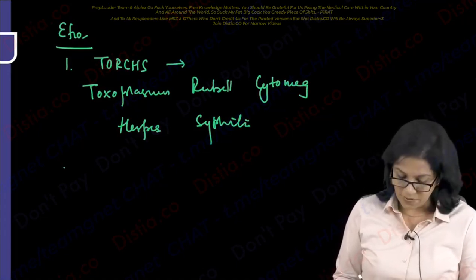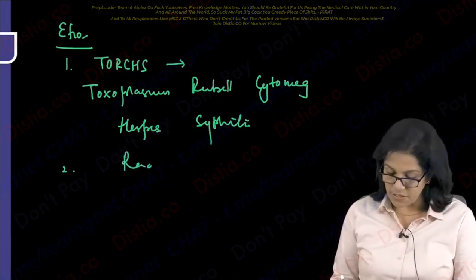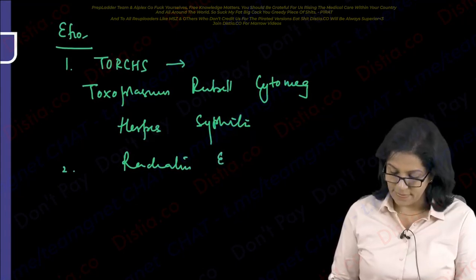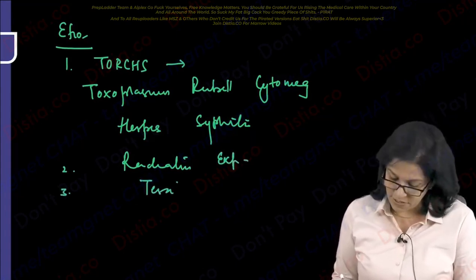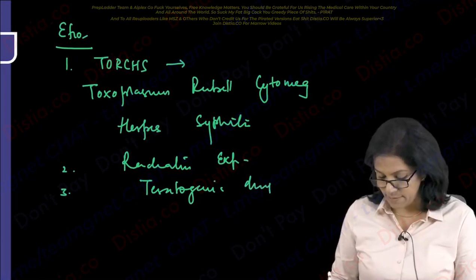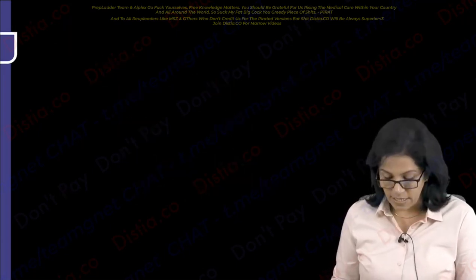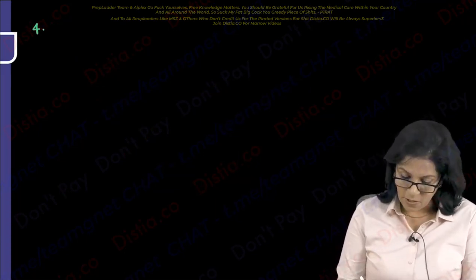What else can we think of? Any radiation exposure in first trimester? Right? What else? Teratogenic drugs in first trimester. Thalidomide is now not used at all, right? Okay, can we think of something else? Yes. We can think of some metabolic causes.